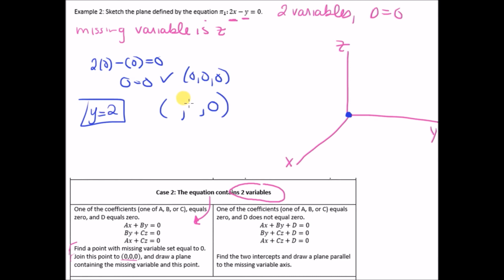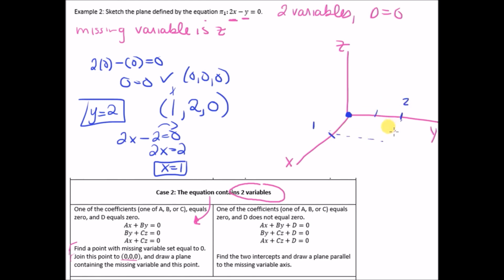So we sub in a random value, y equals 2. We get 2x minus 2 equals 0. Bring that over: 2x equals 2, x equals 1. So now we have a point that lies on this plane: (1, 2, 0). It goes 1 in the x direction, 2 in the y direction.